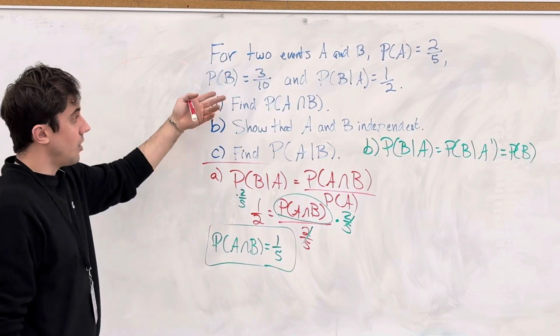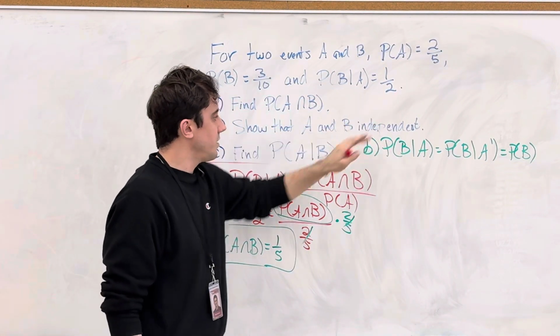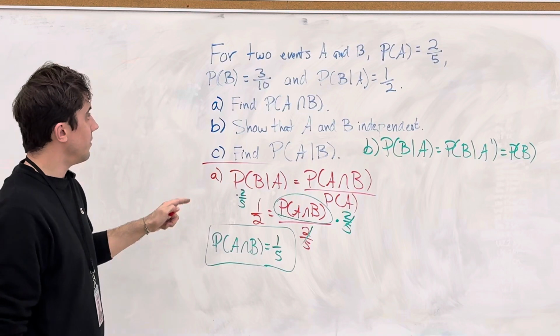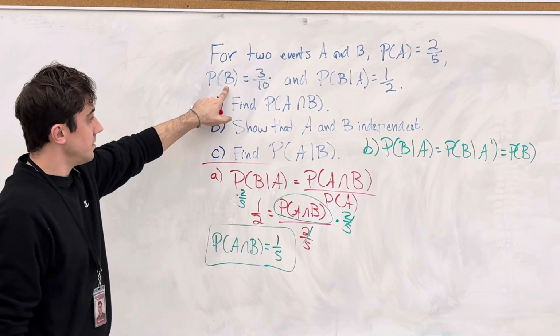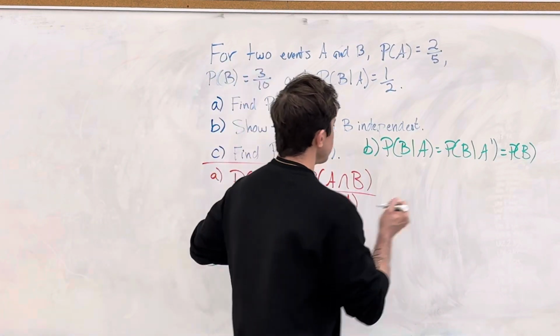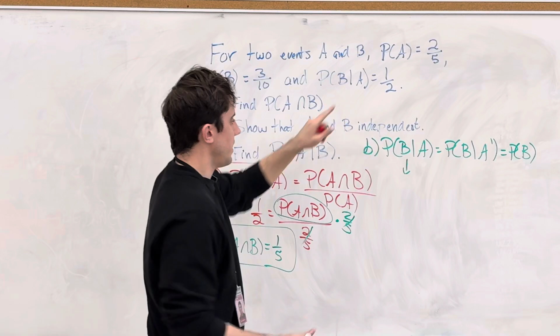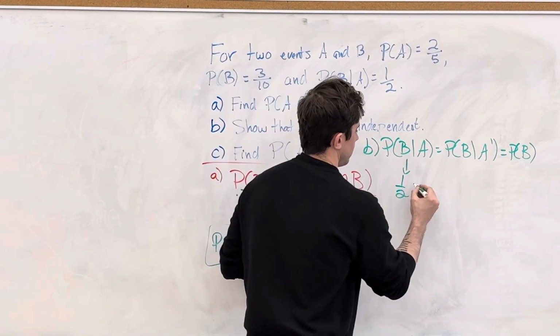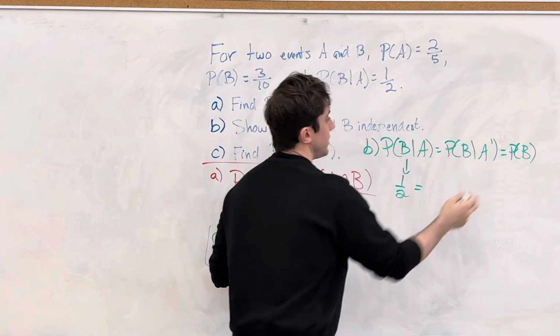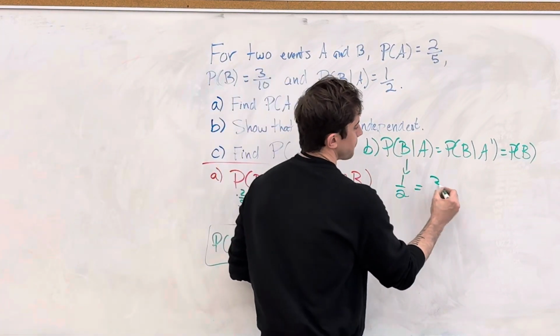But we can see already that because P of B given A is 1/2 and P of B is 3/10, those are not equivalent, right? This is P of B given A is 1/2, and we would need it to be equal to P of B, which we are given to be 3/10.